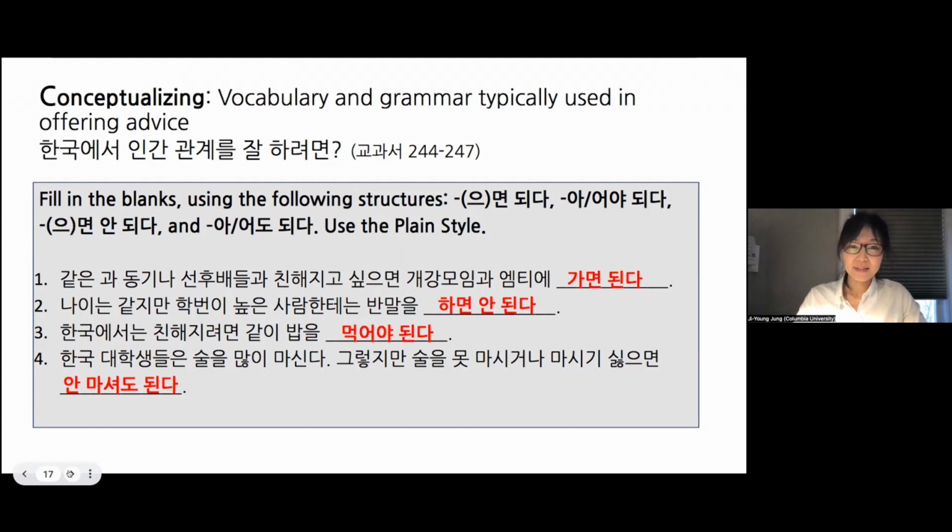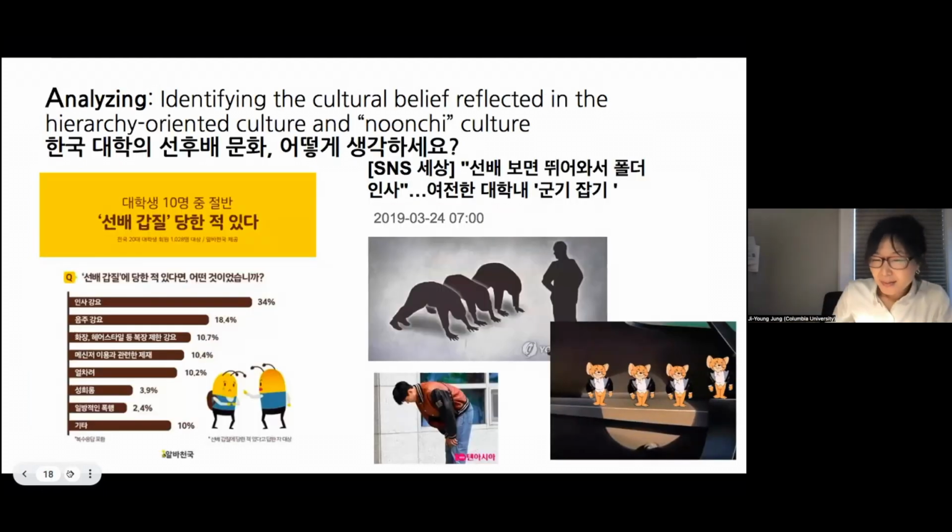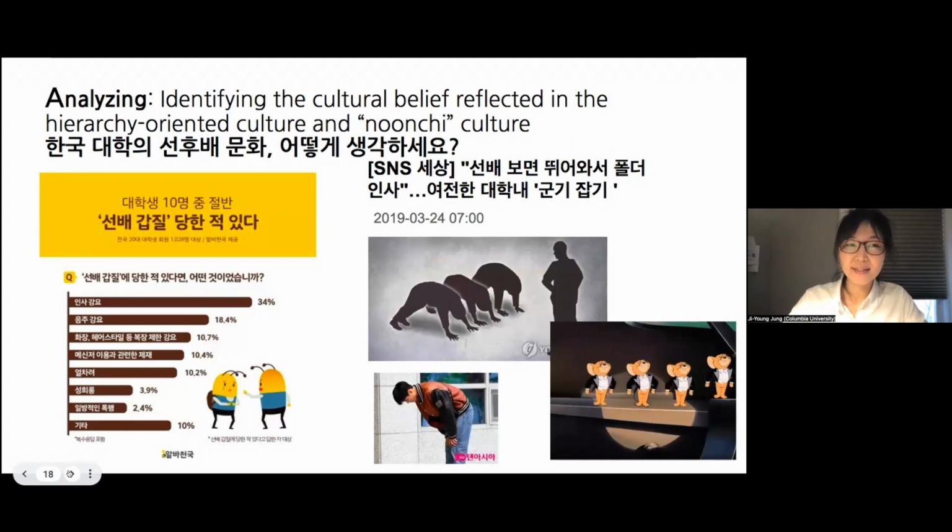And then I spent most time in the analyzing stage, and I introduced various types of materials.